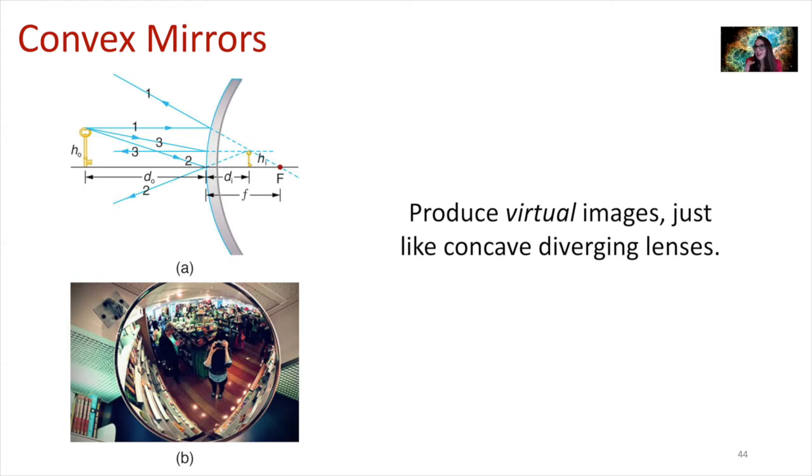And those types of mirrors are like the mirrors you see in the corners of convenience stores or pharmacies, so that people in the front of the store can see when people are moving down the aisles and things like that. So here's an example of a convex mirror. These types of mirrors always create virtual images. So your image is always going to appear on the opposite side of the mirror from the object. Okay, so here's our object. Our image is going to appear on the opposite side.